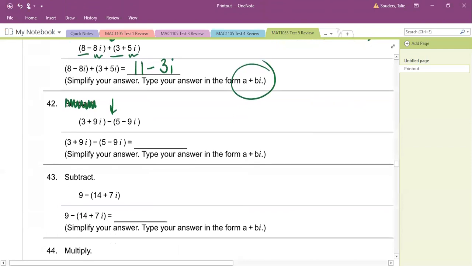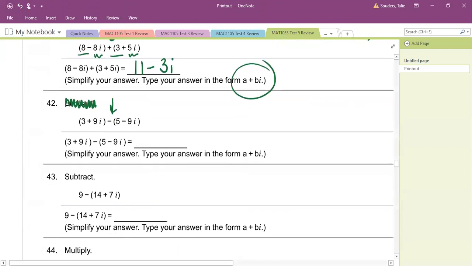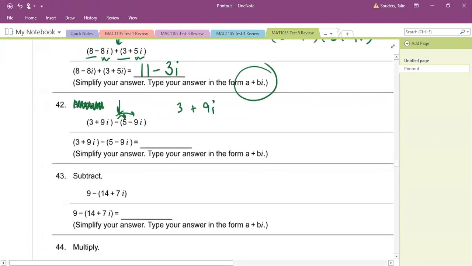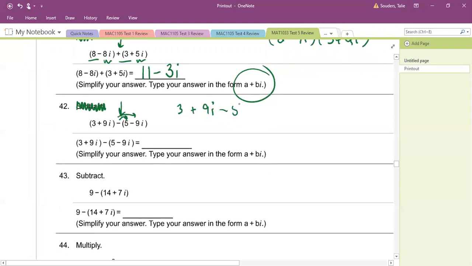Okay, for number 42, whenever we're subtracting, you have to be careful with the signs. So I sometimes recommend distributing the negative as your first step and then combining like terms. You're not obligated to do this, just something that I find works to avoid making mistakes with the signs. So 3 plus 9i, if you distribute the negative, it becomes minus 5 plus 9i, because it changes all the signs after it.